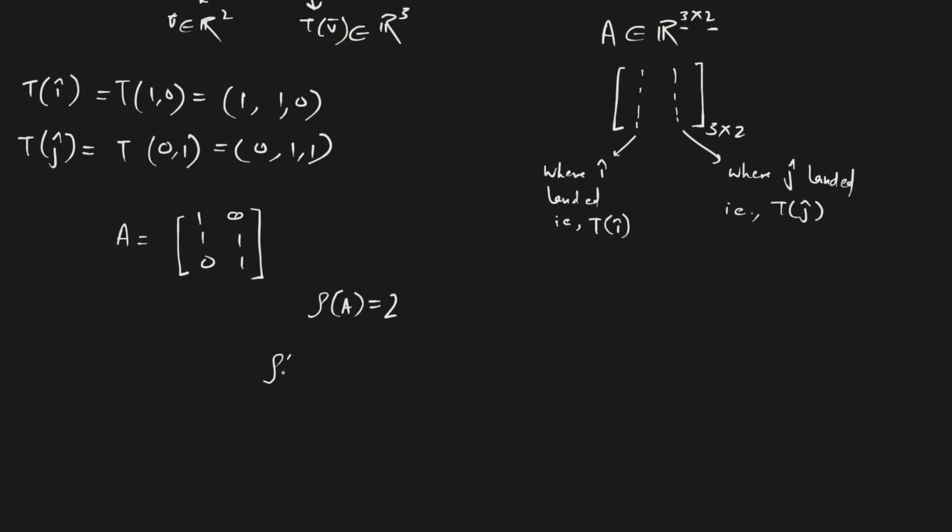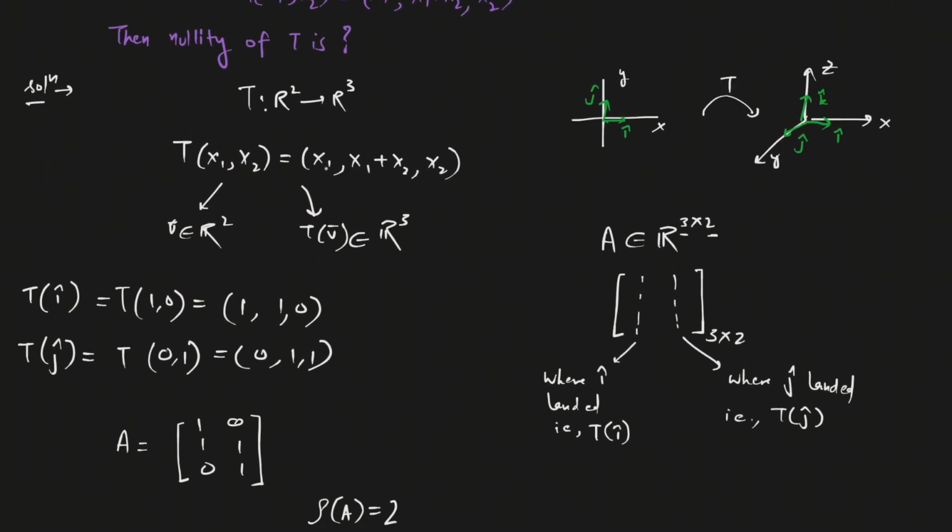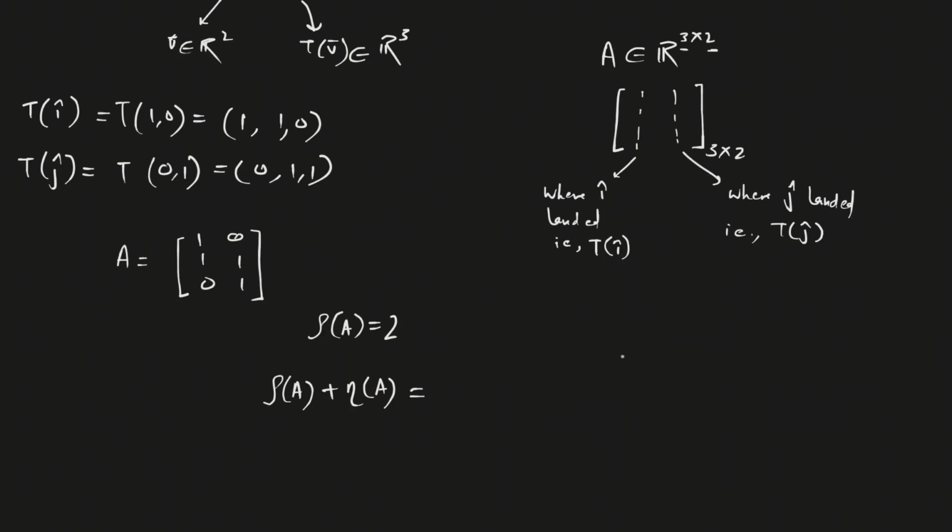We know that the rank of a matrix A plus the nullity of A is equal to the dimension of the input vector space. For any m cross n matrix A, rank of A plus nullity of A is equal to n.